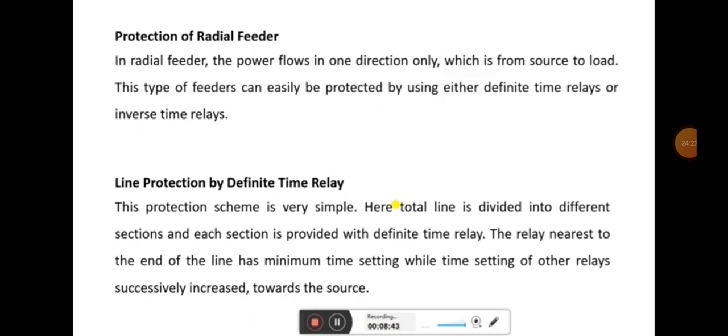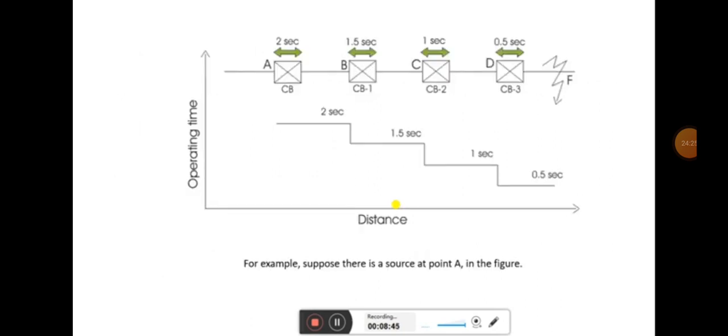What is written here, I want to explain with this diagram. Let us say this is the length of the transmission or distribution line, measured in terms of distance. That's why the distance measurement is shown here. Now this is the operating time.